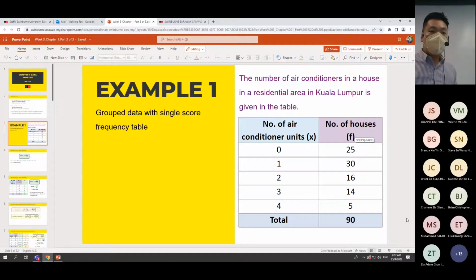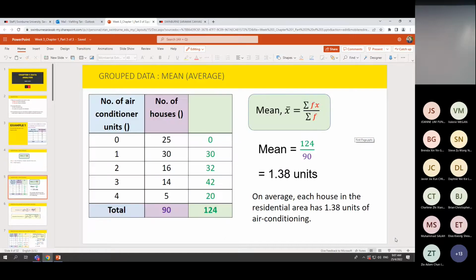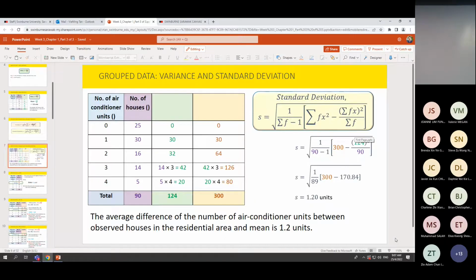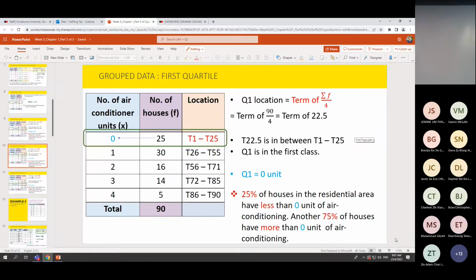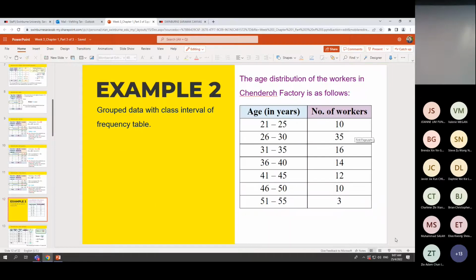Besides that, the frequency table can also be presented in interval form. In interval form, we call this type of table either a class interval or class limit table, which we already learned last week. If the classes are given with a few numbers inside one class, we call this the interval class.